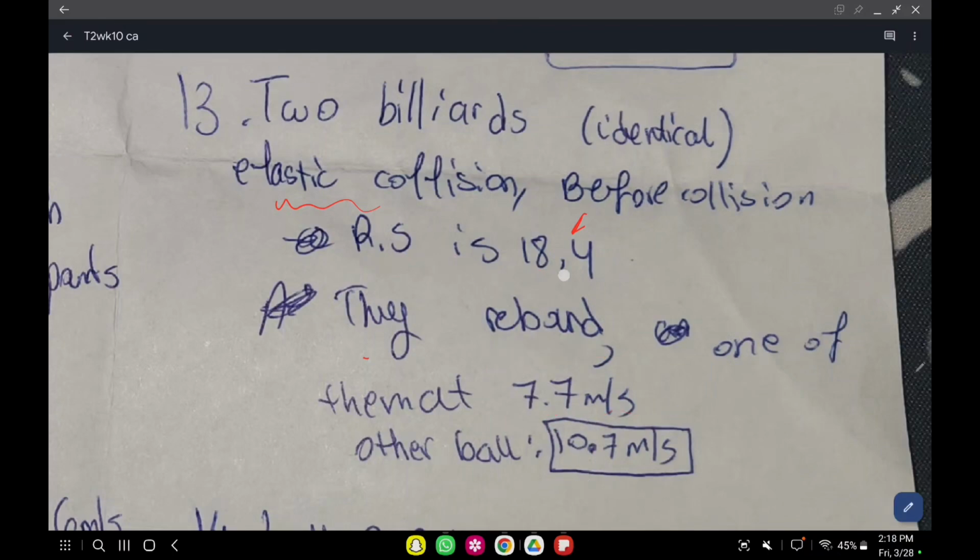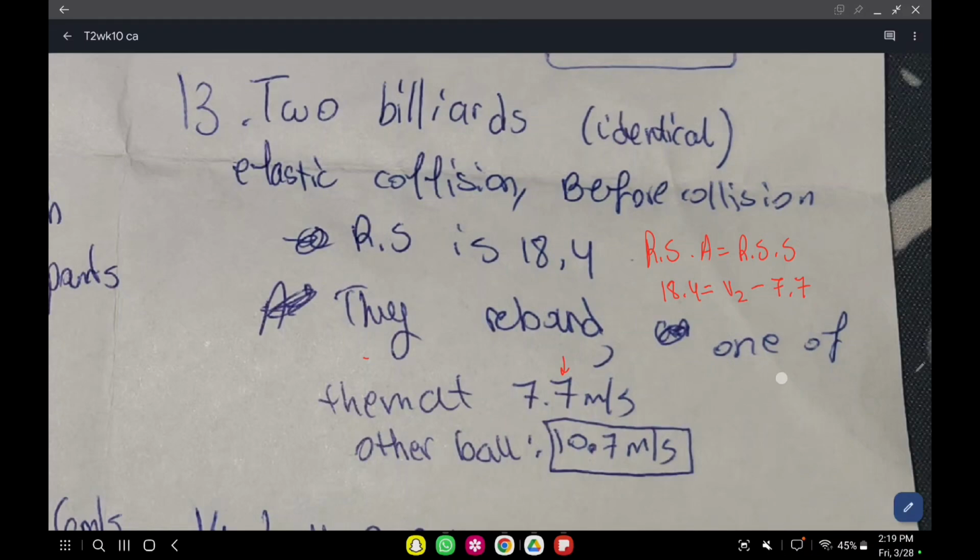If you see a question like this, if it comes with the same numbers and you put 10.7, it's multiple choice. But remember, for elastic collisions, the relative speed of approach is equal to the relative speed of separation. So 18.4 is equal to, let's say, V2 minus this 7.7. But here you're going to get V2 is equal to 20 something.